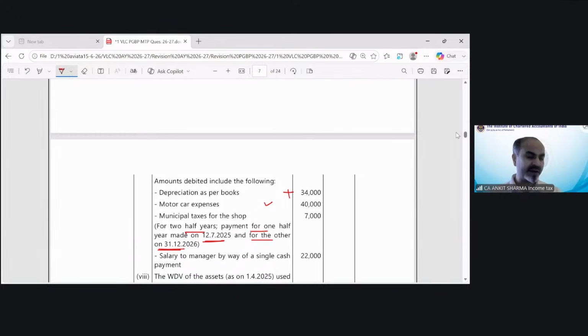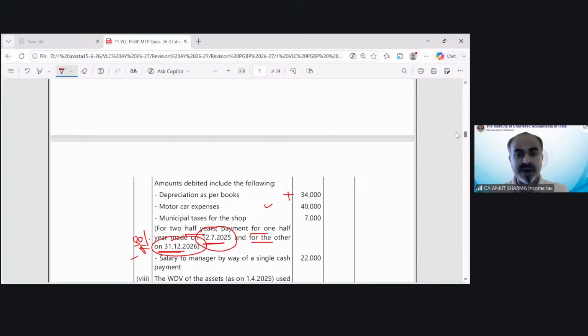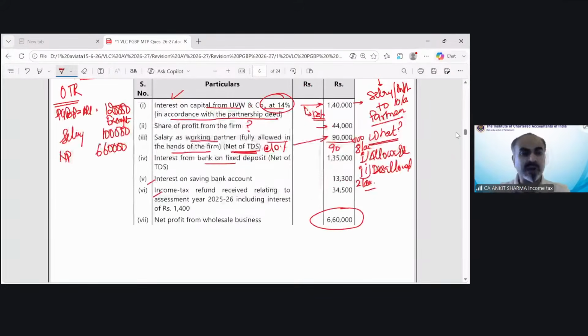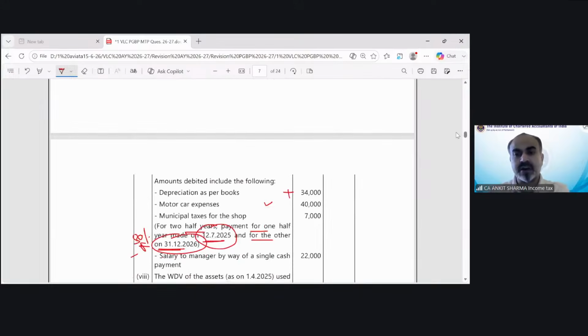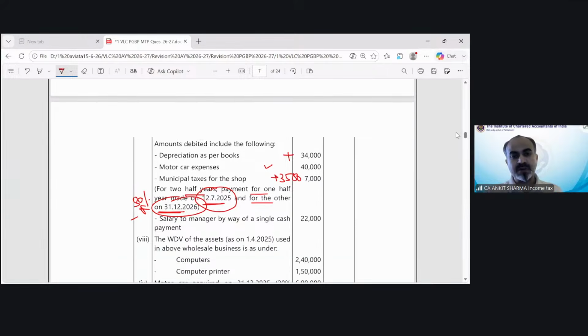Out of this payment, 50% has been paid before due date of ROI. And the balance has been paid on 31st December 26. So that means the 50% paid after the due date of ROI would be disallowed. So 3,500, I'm writing over here only. So out of this, 3,500 is going to be added back. Clear?